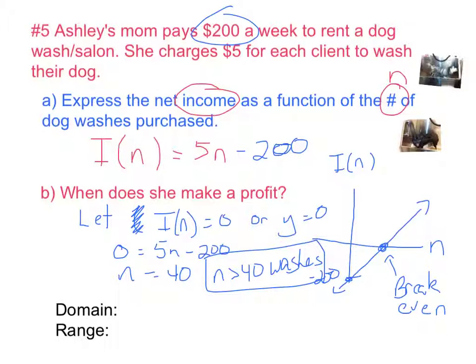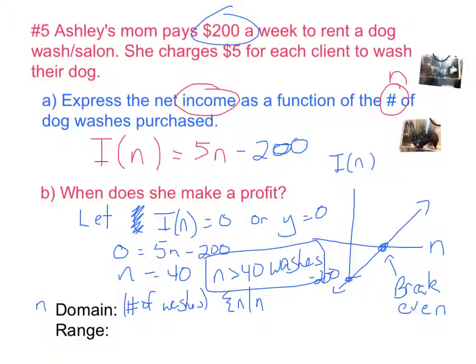Real quick, let's do the domain of the function. Now remember, the domain is the x variable, or in this case the n variable, which is the number of dog washes that she gets. In other words, how many washes could her clients do?